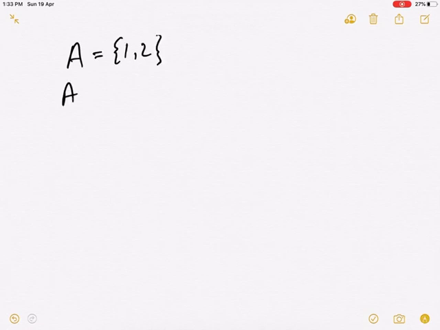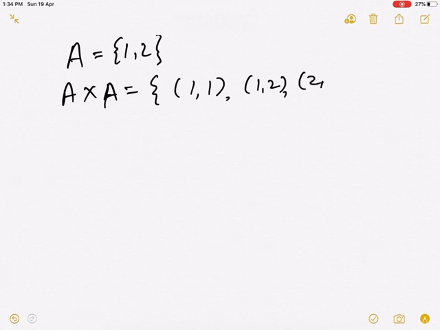Let us try forming A cross A. It will contain all the ordered pairs such that the first element comes from A and the second element also comes from A. So we can form (1, 1), (1, 2), (2, 1), and (2, 2).